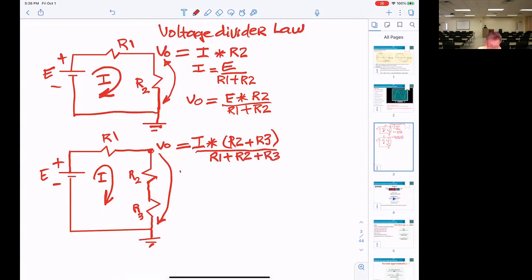Then you can calculate V out. You can calculate the I already. Okay. I equals V divided by total.